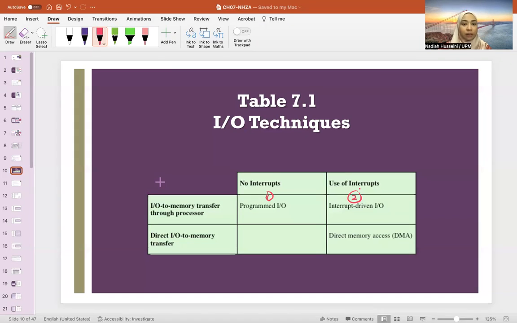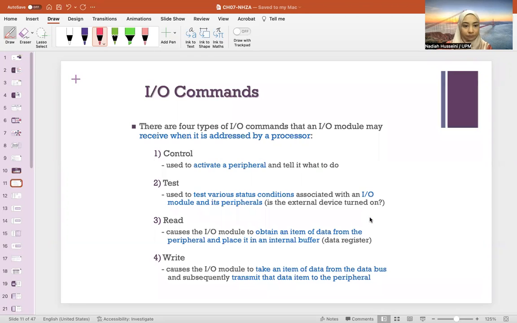It can issue a command and go do other stuff. But when the interrupt is done, it still has to go through the processor, and the processor has to execute the next command. And then we have the DMA, which is a direct I/O to memory. It does not go through the processor like the other two techniques. And yes, it does use interrupts, but this time the DMA is the one triggering the interrupt.